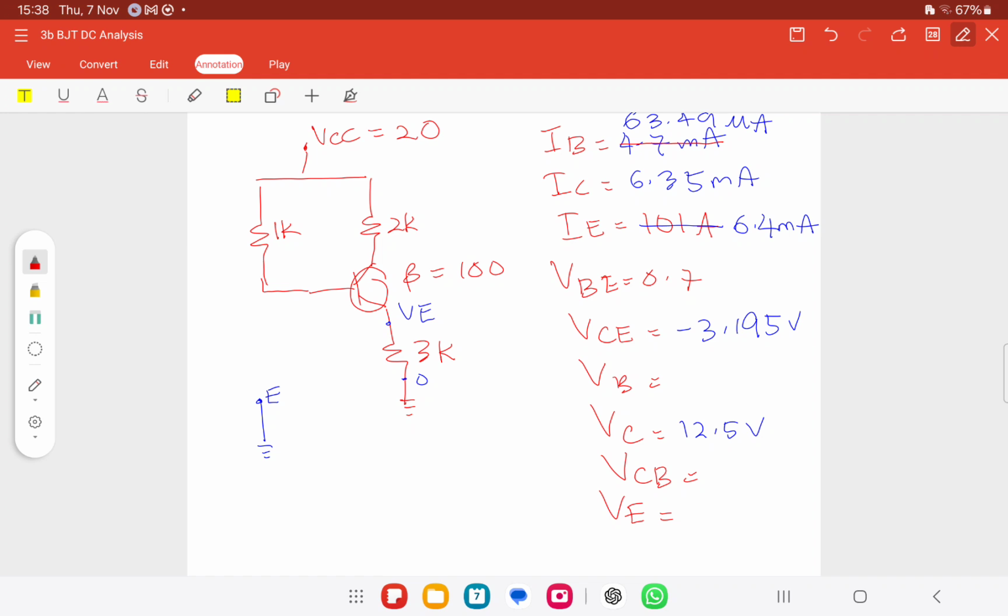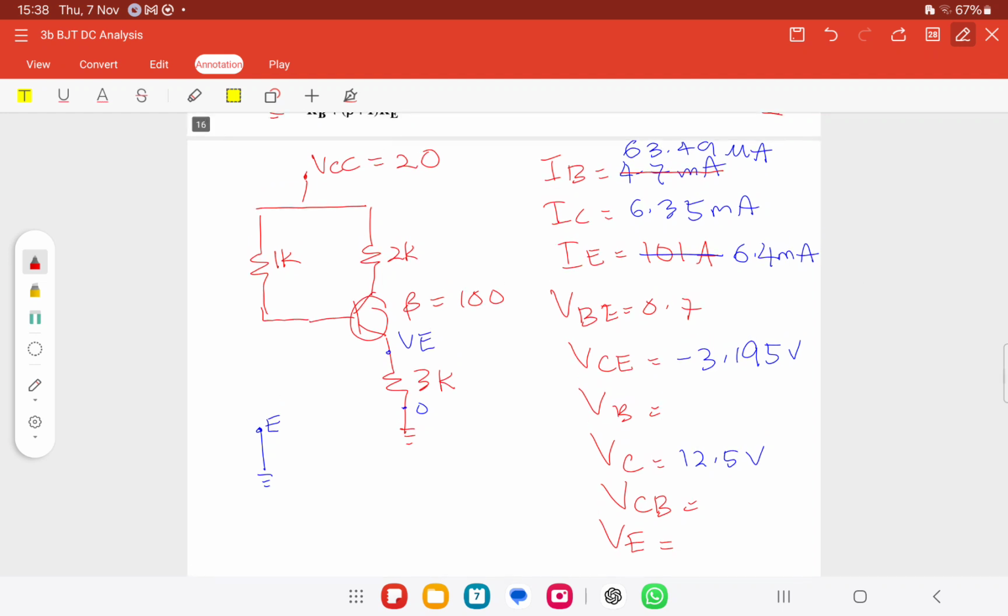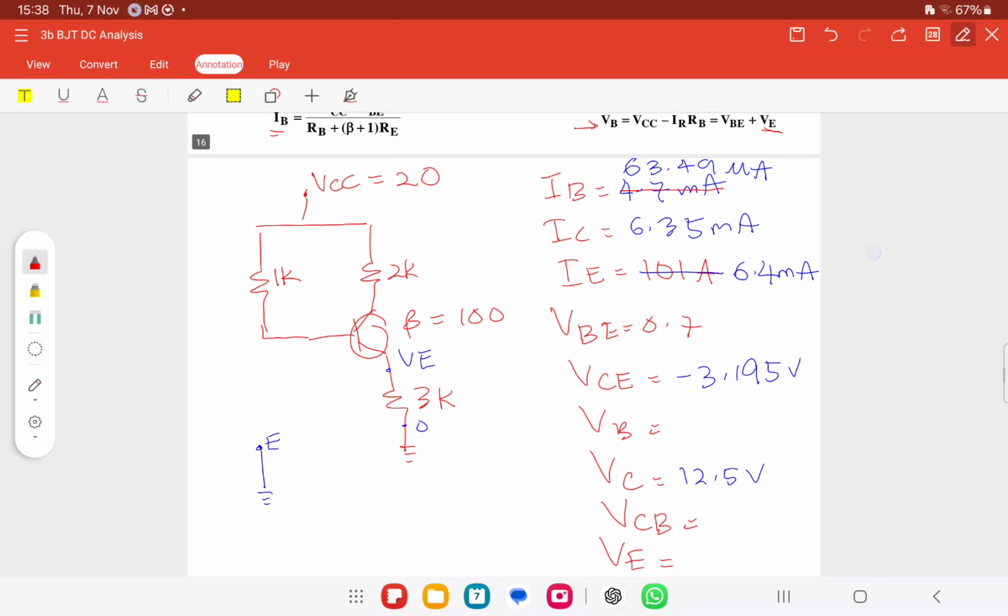Berapa? Anyone? Ya? IC. 6.35 ke 6.4? You guna IC equals to IE ke?